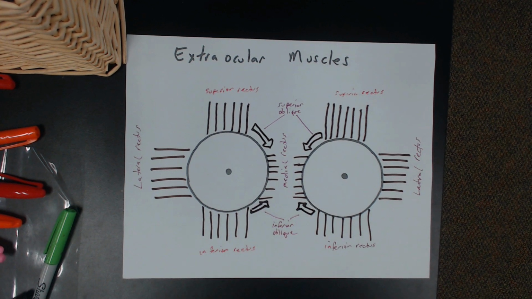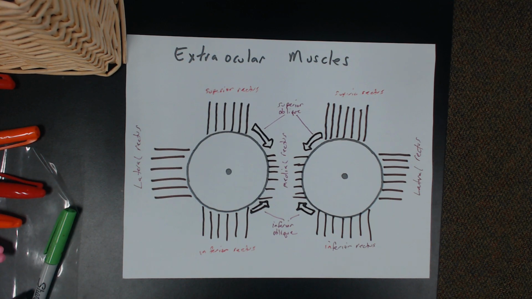So your inferior oblique muscles. And that's it. Those are your extraocular eye muscles. Superior, inferior, lateral, medial, rectus, and superior oblique, down and in, inferior oblique, up and out.